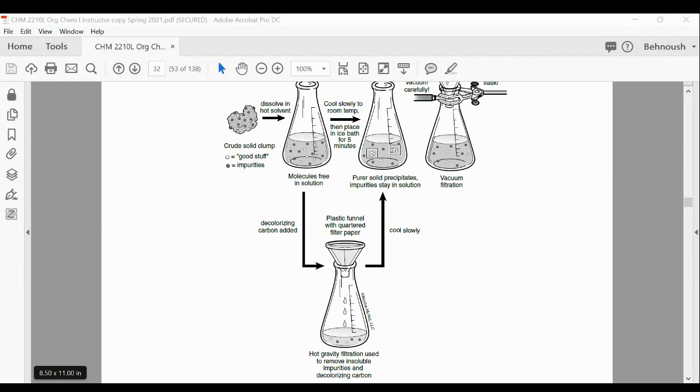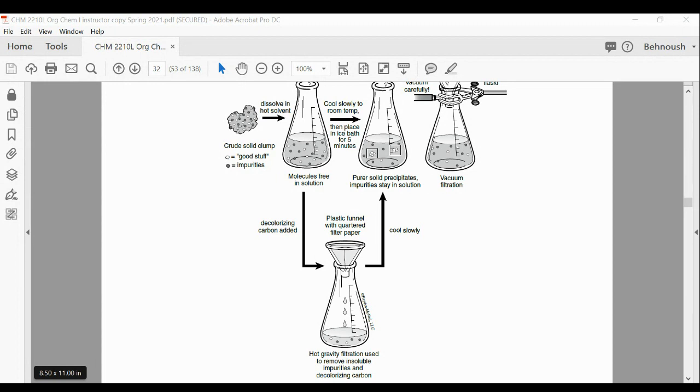So you want to make sure that you give time for crystals to form. Okay, very good. So those are the problems.